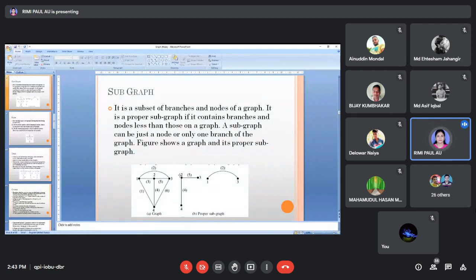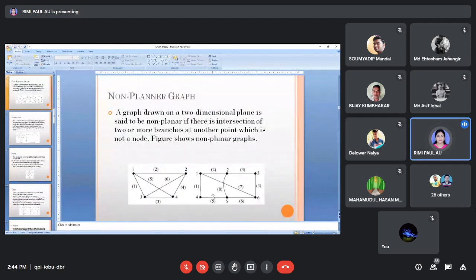But we are taking nodes 2, 3, 4, less than the total nodes and less than the total branches, then we can say this is a proper subgraph. Otherwise, if it contains all the nodes, we can say this is a subgraph, but this is a part of the graph.